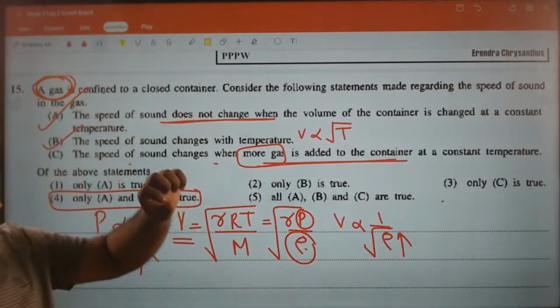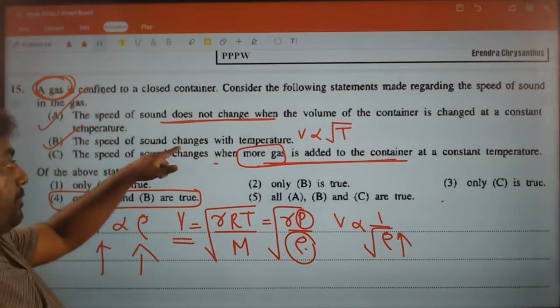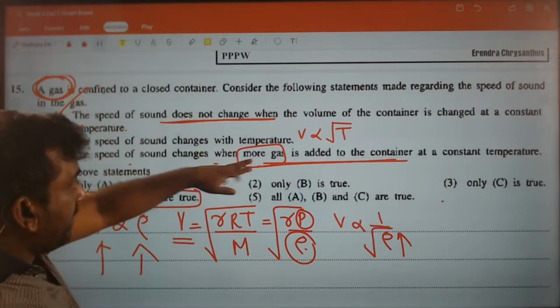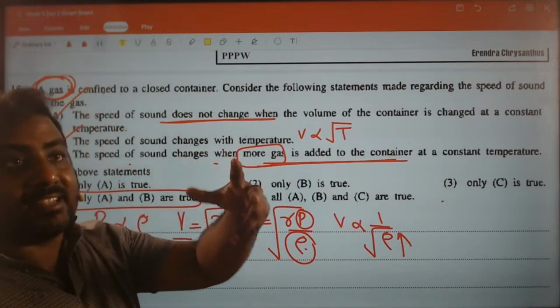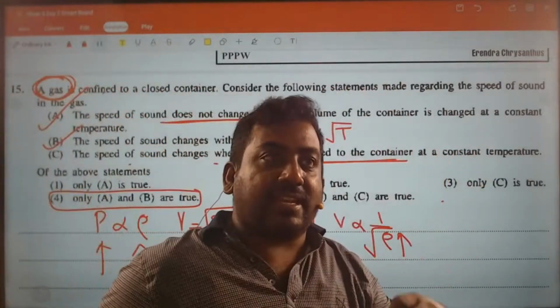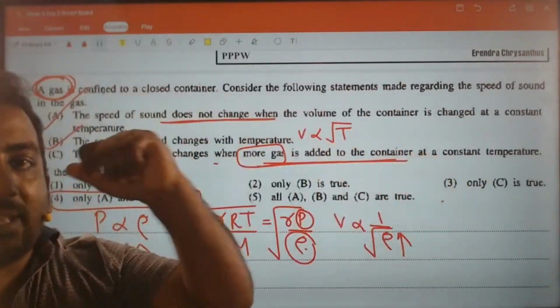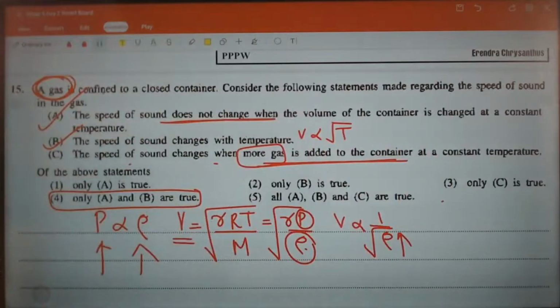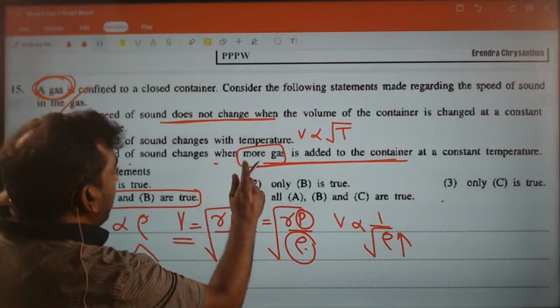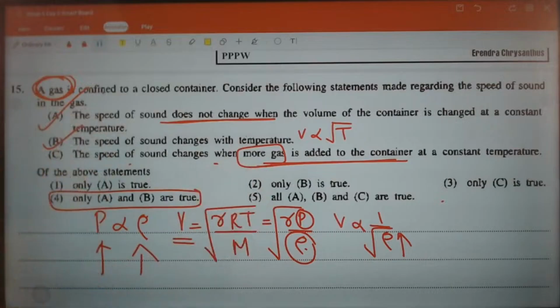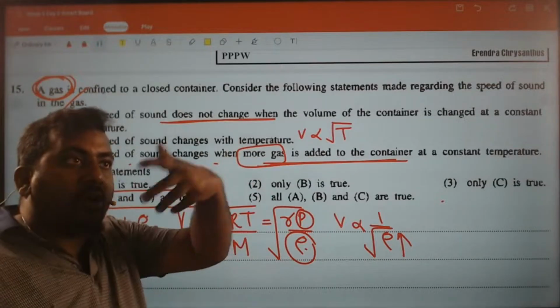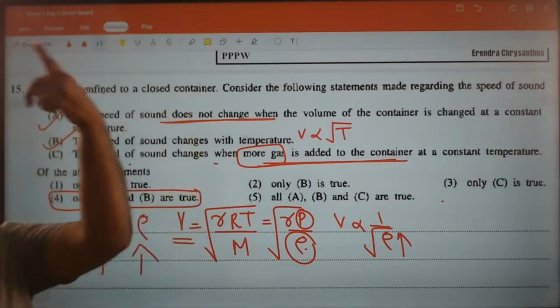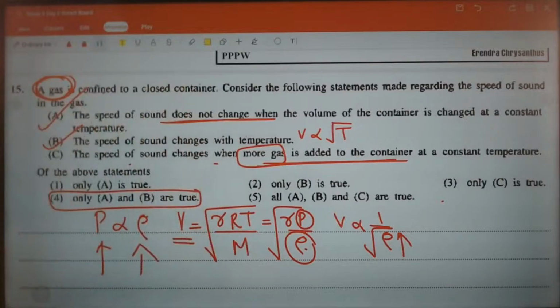Now what if this was a different gas? If I had put a different gas, then more of the same gas is wrong. Different gas means effective molar mass will change. Effective molar mass will change means what? Then velocity will change. But if I am adding the same gas, no change.